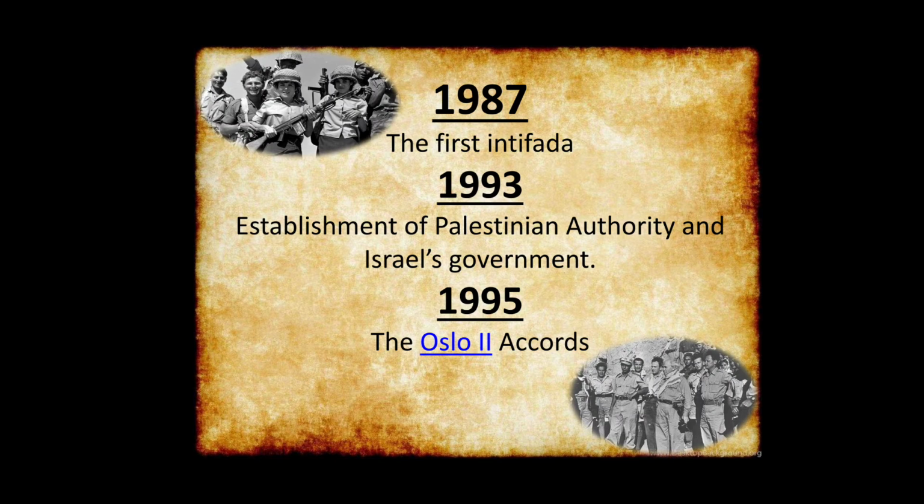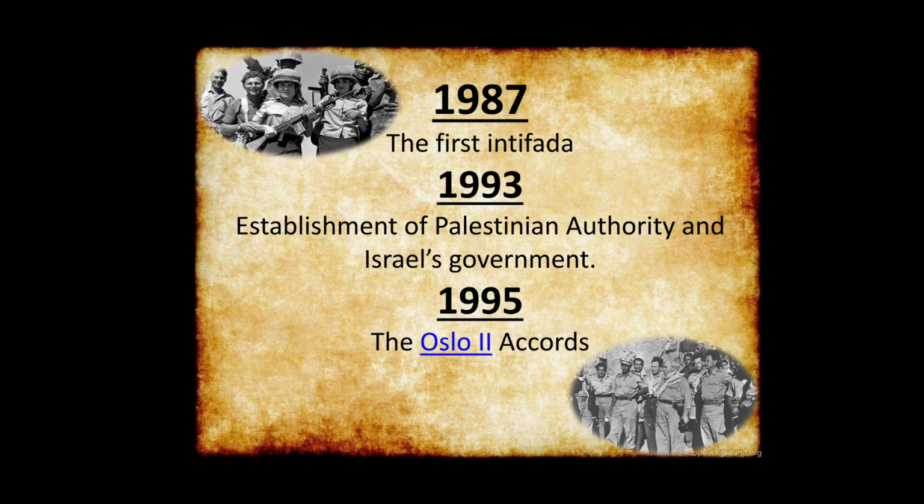In 1987, hundreds of thousands of Palestinians living in the West Bank and Gaza Strip rose up against the Israeli government in what is known as the First Intifada.